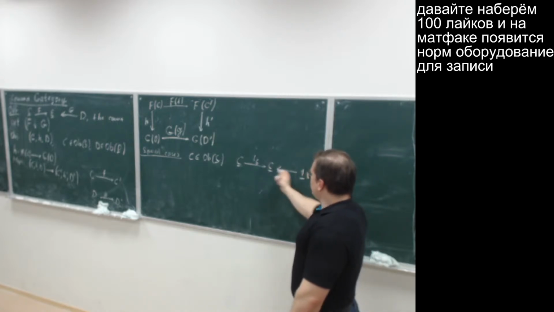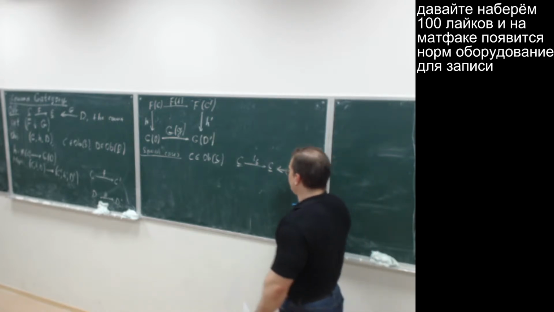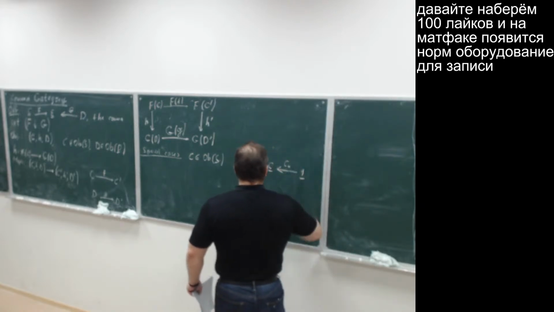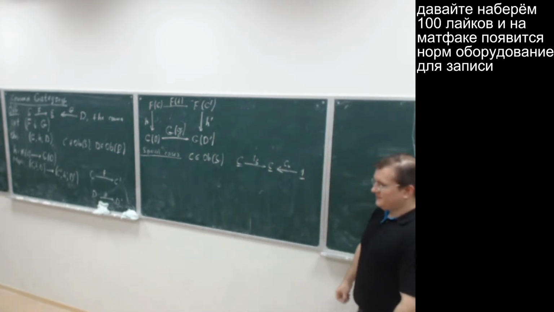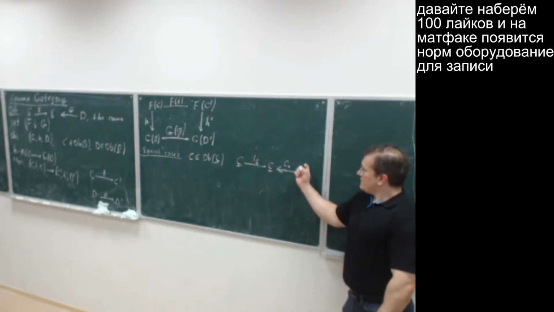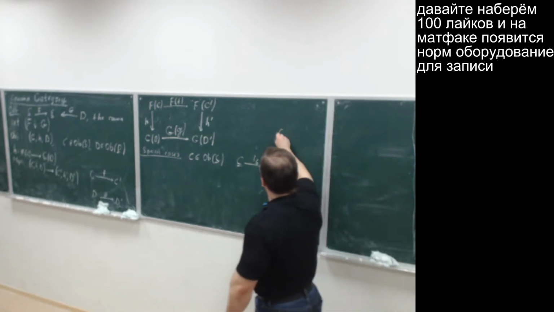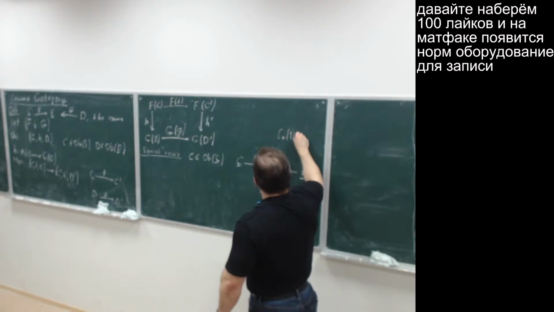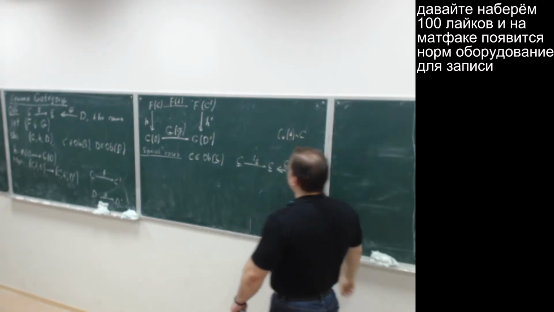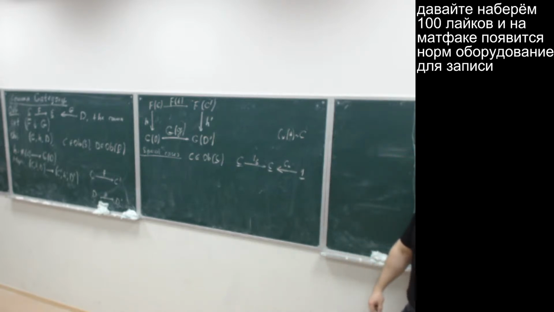So this map is completely determined by an object. Let me call this functor C lower star. And so C lower star sends 1, or maybe star, we used this notation before this.